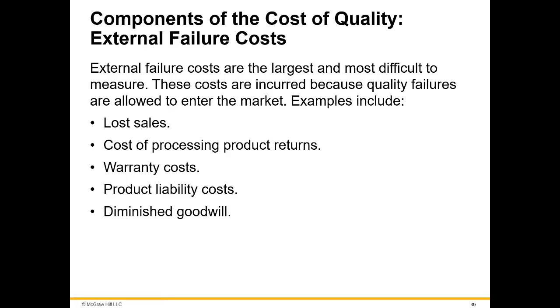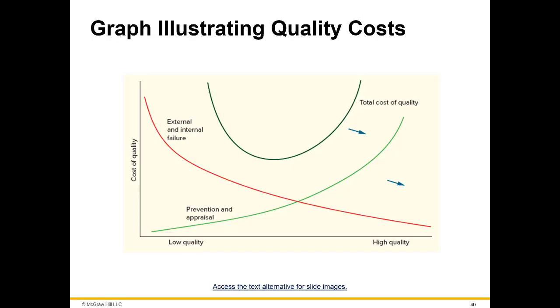So we've just talked about 4 costs, and there's kind of a trade-off among these. So here's the costs of quality, and here are the various components. We talked about prevention and appraisal, and we talked about external and internal failure. And so we can see there's kind of a sweet spot in here where we want to produce. I mean, if we spent all of our time and effort trying to get rid of various costs, well, that would require a lot of prevention and appraisal to make sure it's all done right.